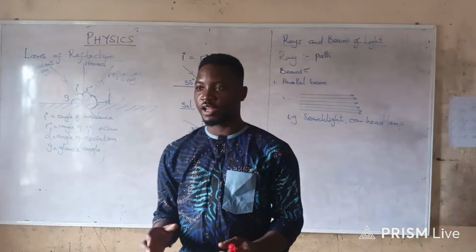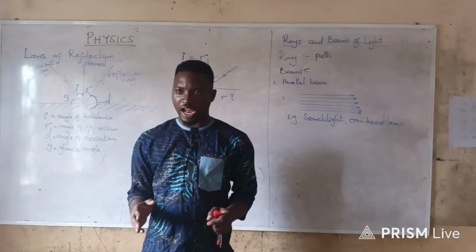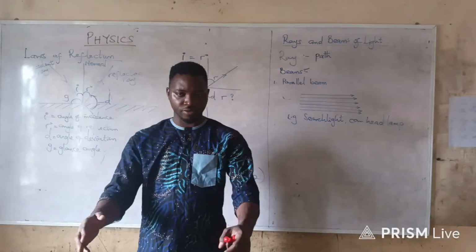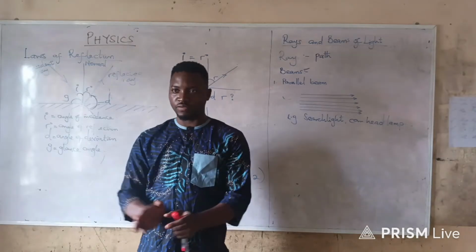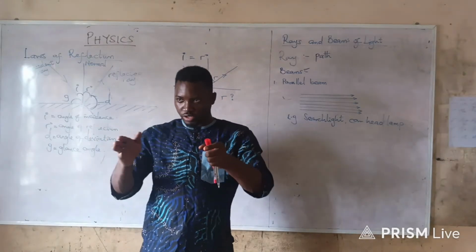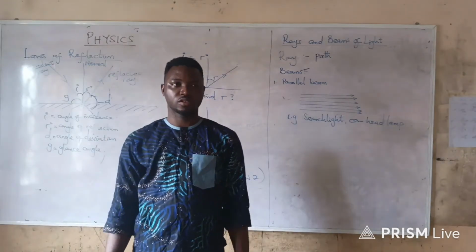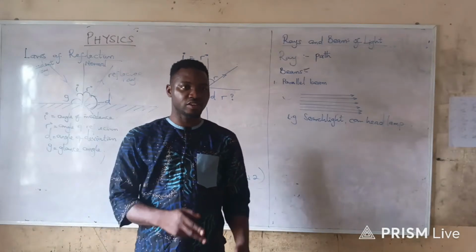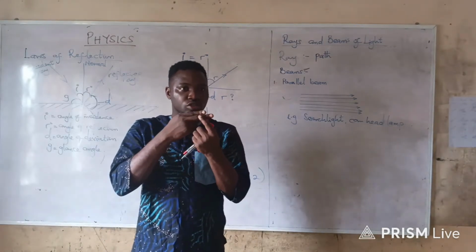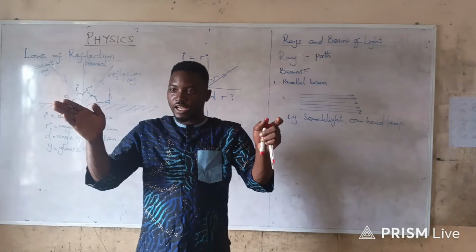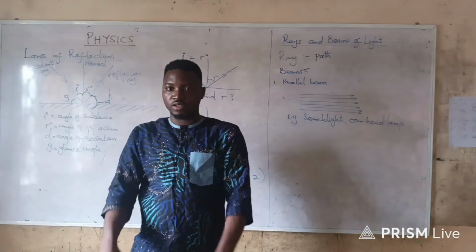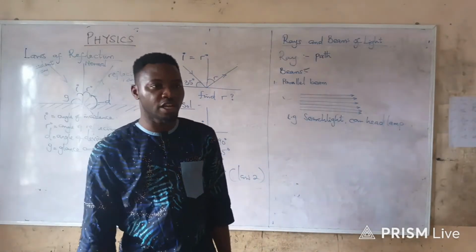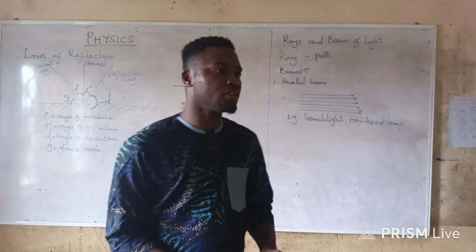You will discover that car headlamp at night does not travel like this. They go straight. The same thing, searchlight. All those lights that assassin used to use, they don't scatter. They go straight. So we call them parallel beams of light.